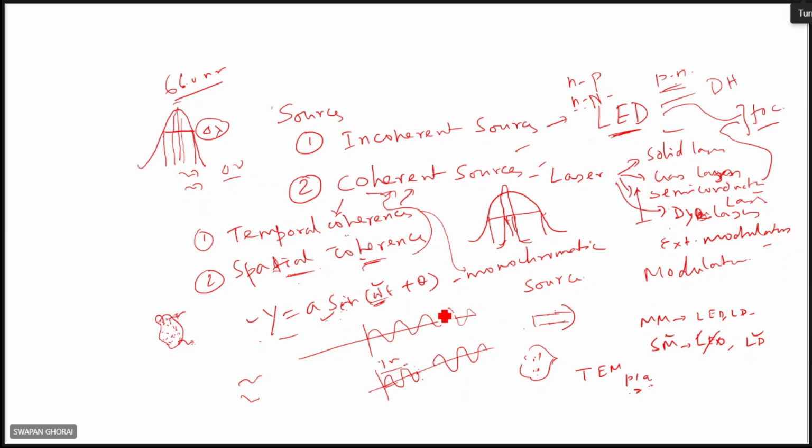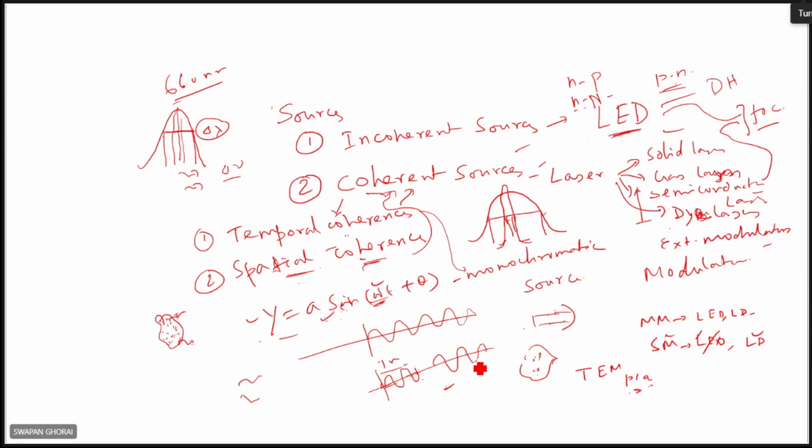But practical natural sources are not monochromatic, in the sense that the pulses are emitted truncated, like this. It is not sinusoidal from minus infinity; rather, within a certain time interval it may be sinusoidal, right? But not from minus infinity to plus infinity. You will get a truncated sine wave, and that's why natural sources are not coherent sources.